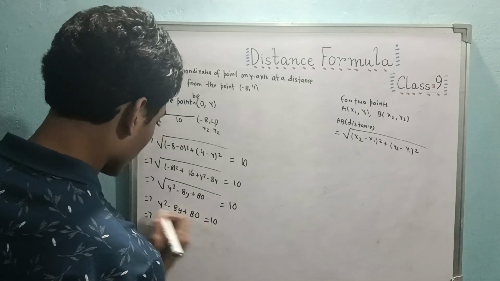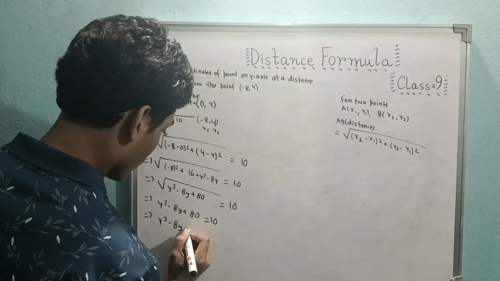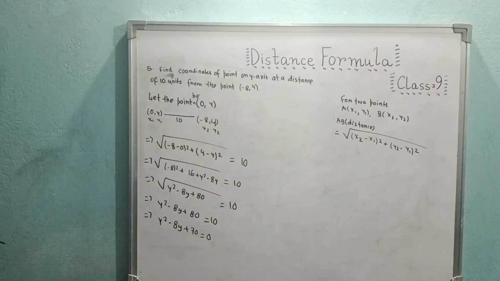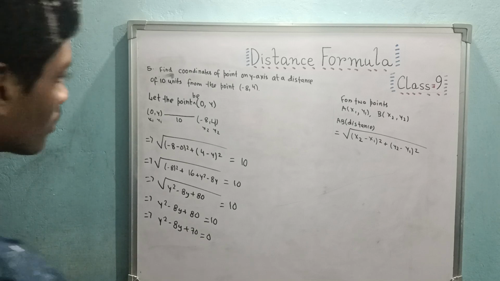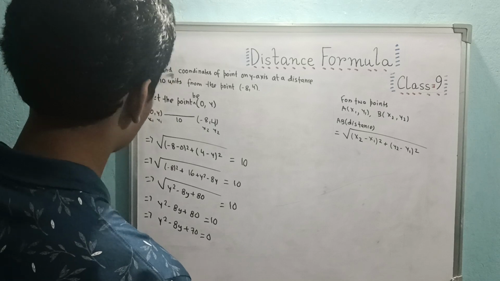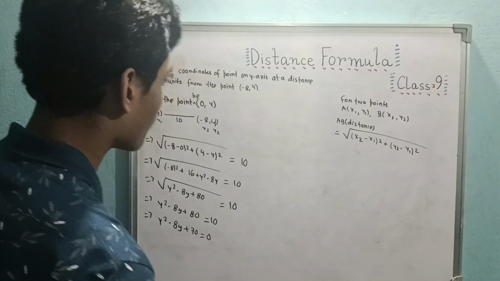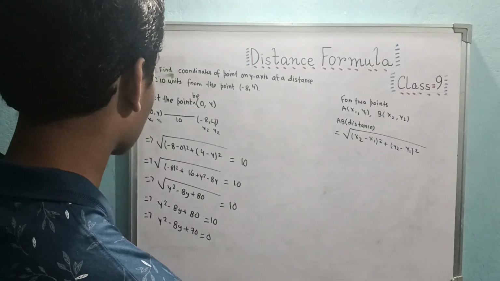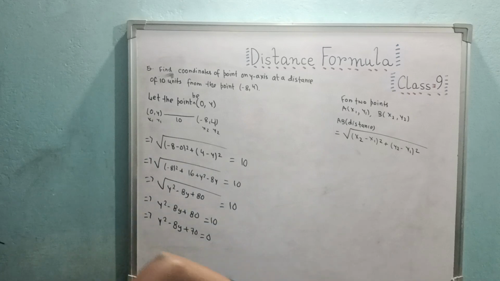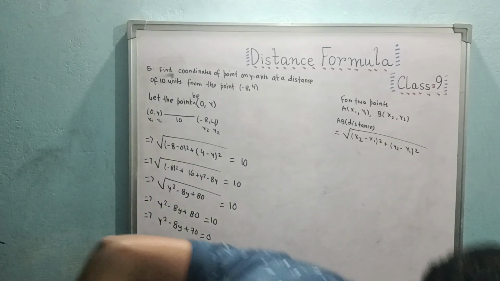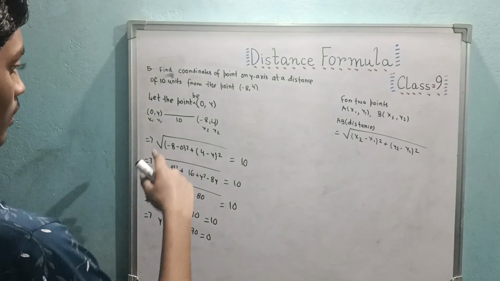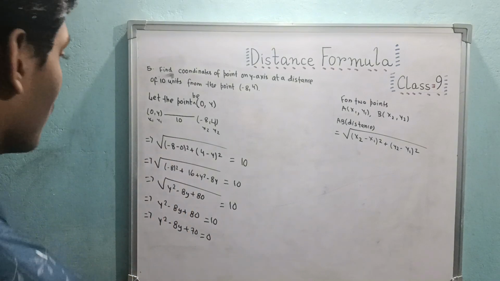Let me check: x2 minus x1 whole square, minus 8 minus 0 is minus 8, square 64.